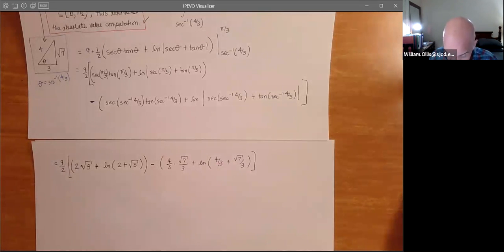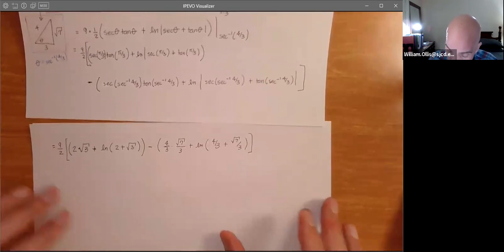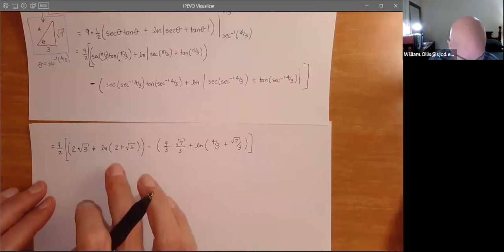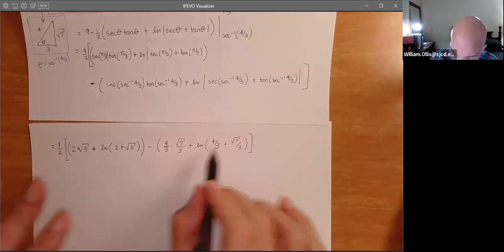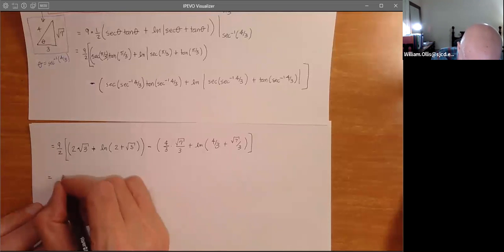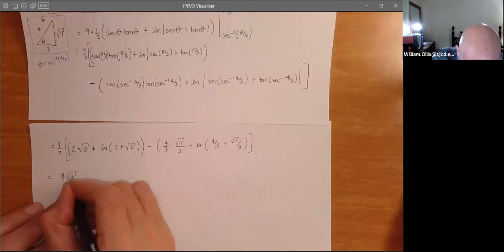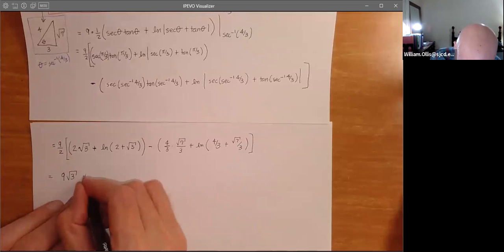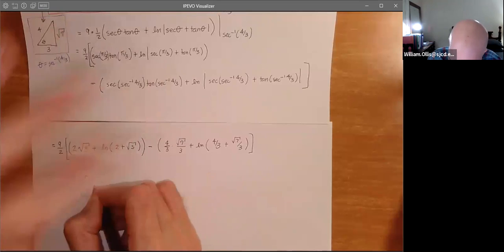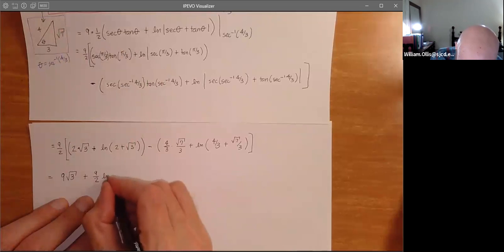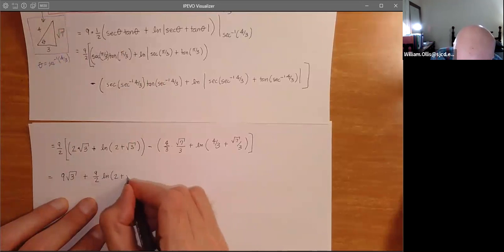Now, when you look at this and you're thinking, you know, Professor Ron's going to use the differences of the logarithms. So let's go ahead and see what we can get out of this. Now, notice when we multiply this out, we're going to be able to combine some things. So let's just go ahead and do that. Here, the 2's absorb. So we have 9 times the square root of 3. And then in this particular case, we have plus 9/2 is going to multiply everything. 9/2 times natural log of 2 plus square root 3.